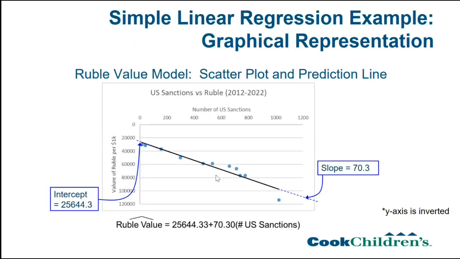When we add this to the scatter plot, you see this line is representative of this equation. The intercept here is extrapolated out here, and the slope of the line is 70.3. Again, the axis is inverted, so it is actually a positive slope, but just because I inverted it, it looks negative.